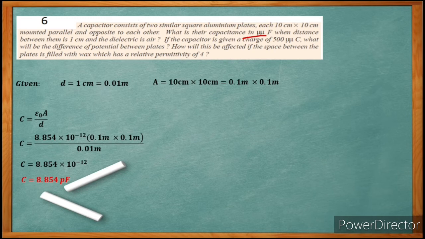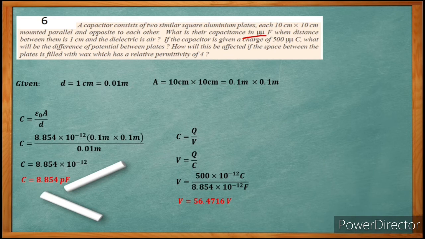For that, we will be using the formula for capacitance, which is C is equal to Q over V, and then rearranging, we will have V is equal to Q over C. Substituting the values, for Q we have 500 times 10 raised to -12 coulomb, and for C we have 8.854 times 10 raised to -12 farad. So the voltage difference between the two plates is 56.4716 volts.